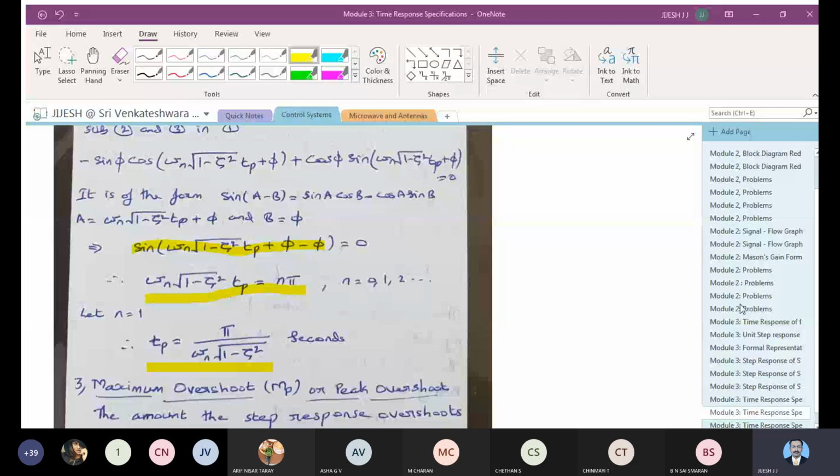So all of you write the equation for Tp. Then we will go with the maximum overshoot.